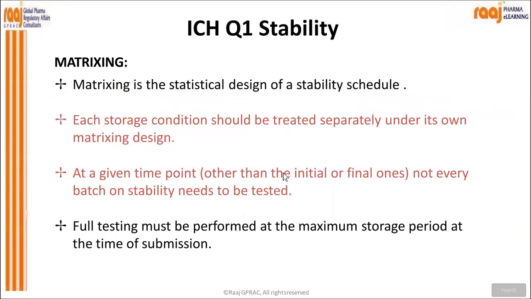Okay. Matrixing is the statistical design of stability schedule, and each storage condition should be treated separately under its own matrixing design. So at a given time point, other than the initial or final one, not every batch on stability needs to be tested. Okay. So full testing must be performed at the maximum storage period at the time of submission. So later on, when you perform follow-up stability, there you can apply this matrixing system.